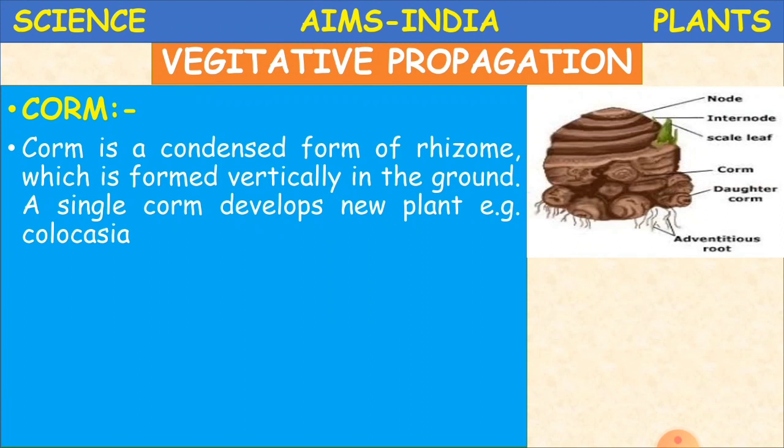So what did we learn of rhizome? Rhizome, like ginger, is where you can see the growth of a new plant from the nodes. Here the corm is formed vertically in the ground, and a single corm develops a new plant, for example colocasia.